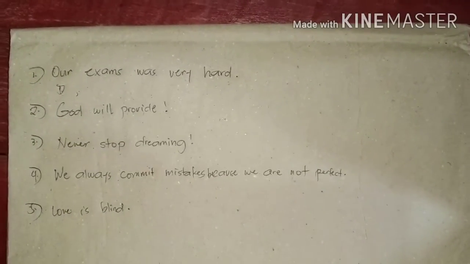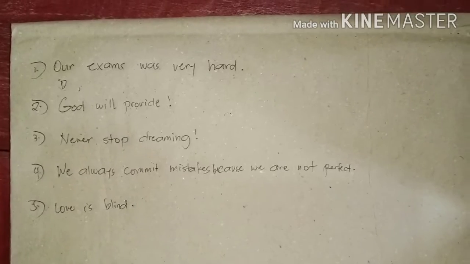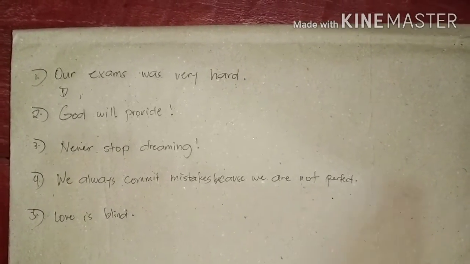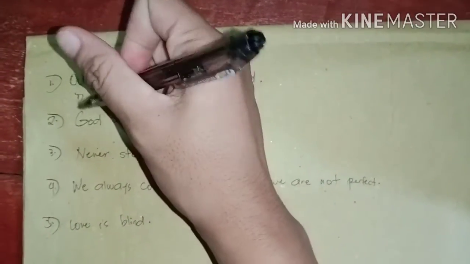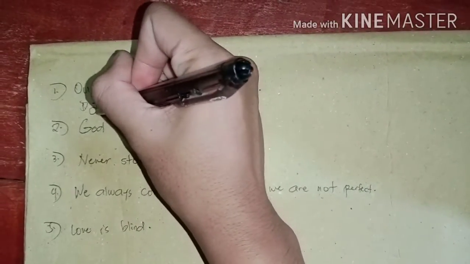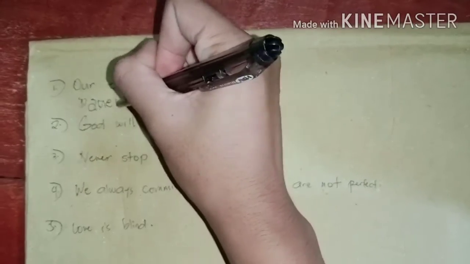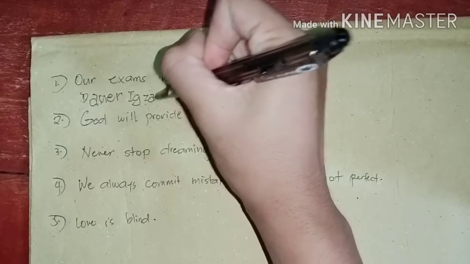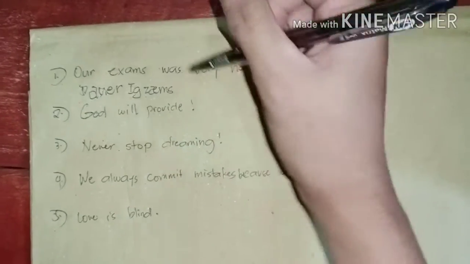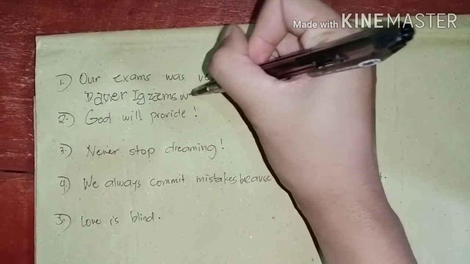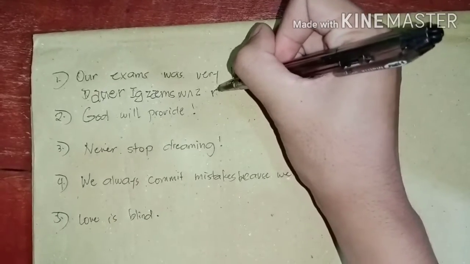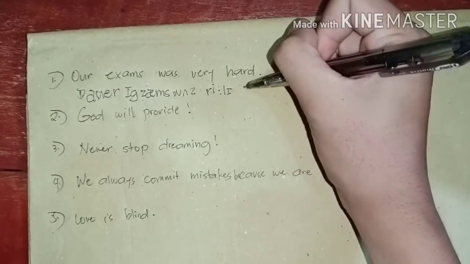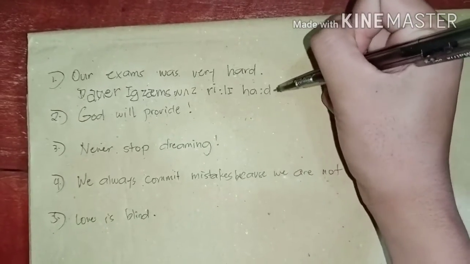So what we're going to do is transcribe it into IPA form. I have here 5 examples. First one, our exams was very hard, so we're going to transcribe it. Our exams was really hard.